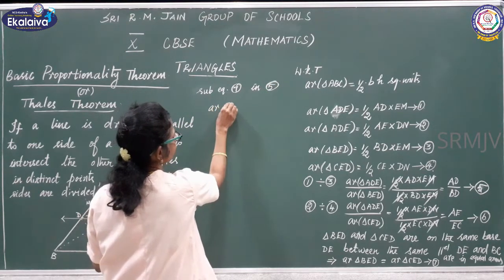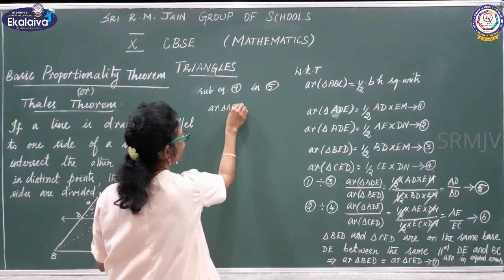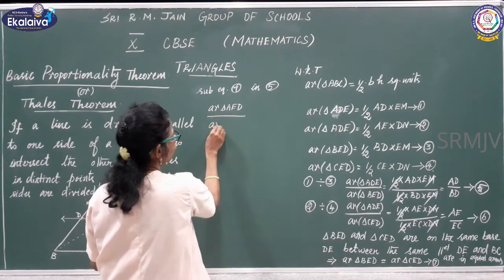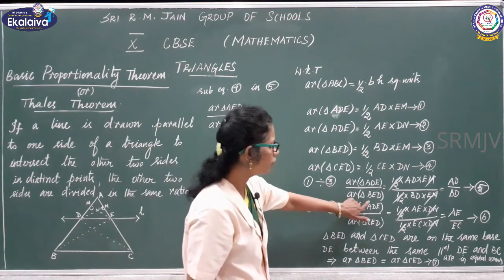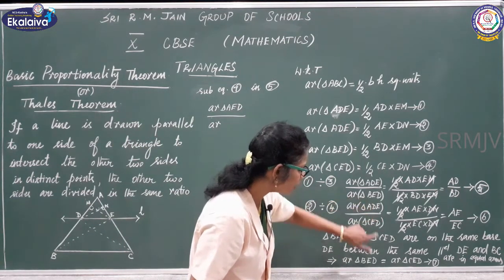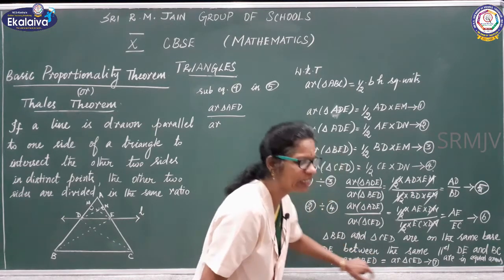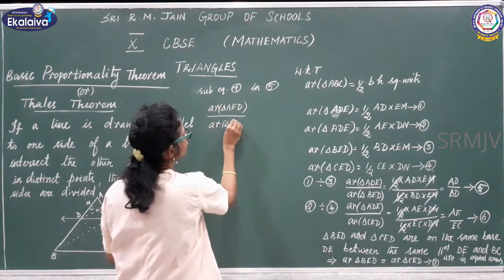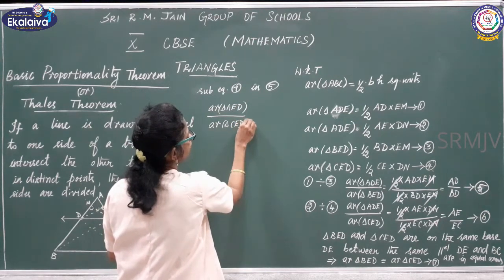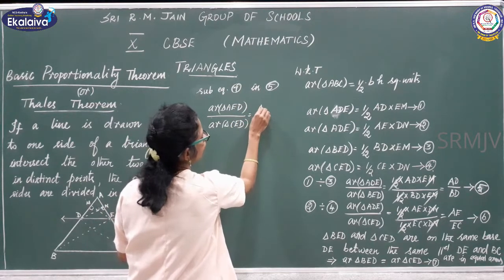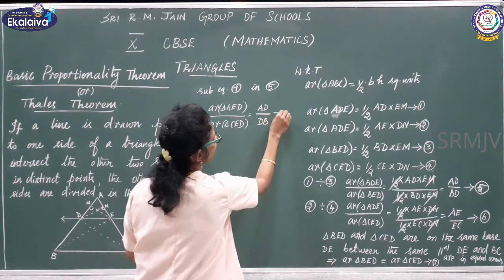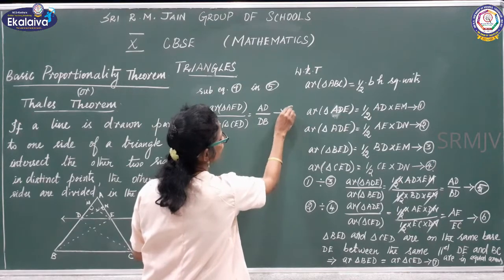Area of a triangle AED or ADE divided by area of a triangle, here I had BED. BED can be replaced by CED, right? Area of a triangle CED is equal to AD by DB. That is equation number 8.